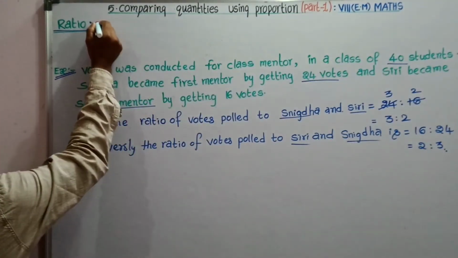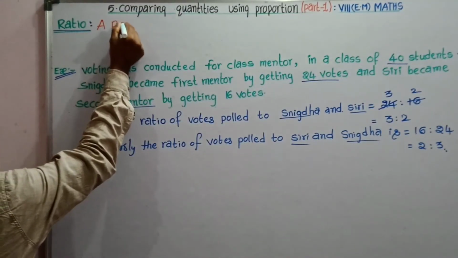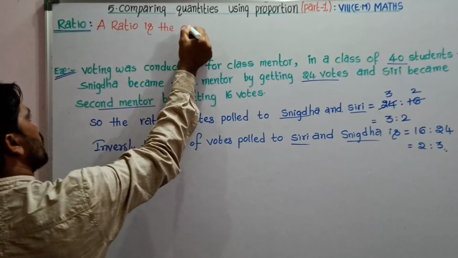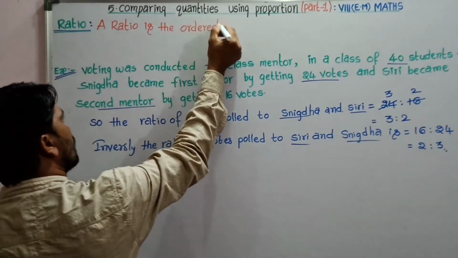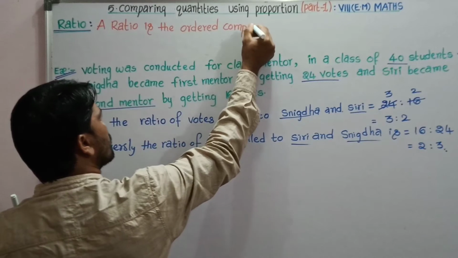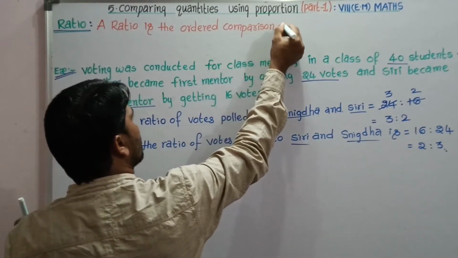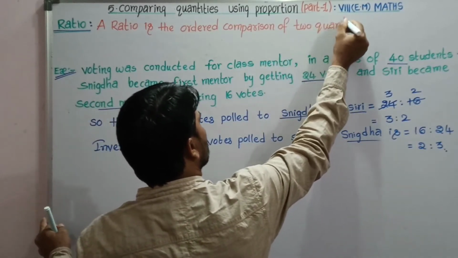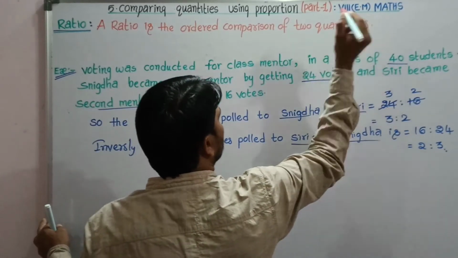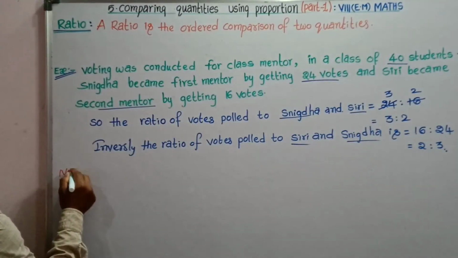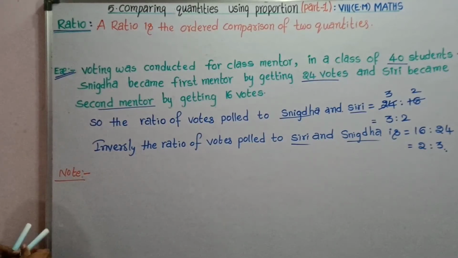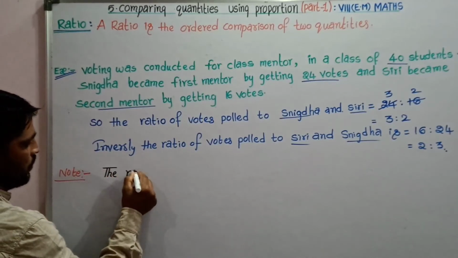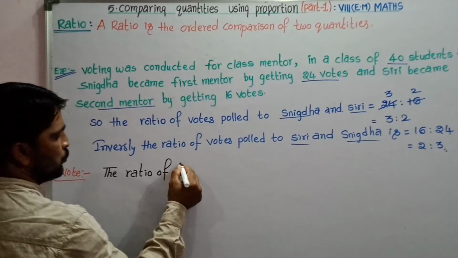So we say that a ratio is the ordered comparison of two quantities.